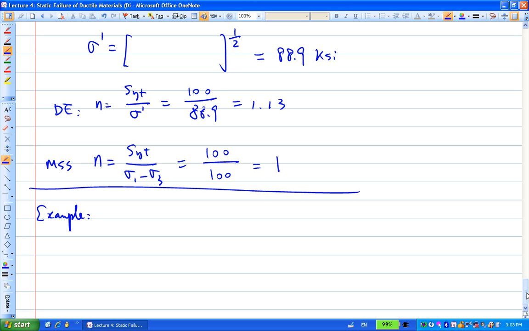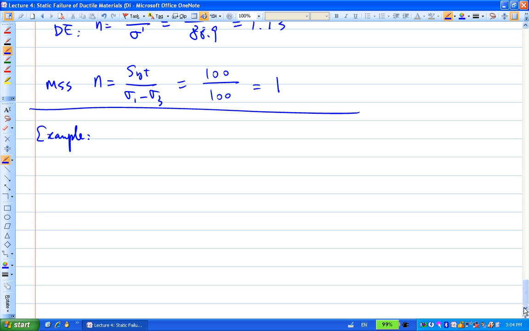Okay, so this is the kind of Stone Age calculation here. Let's see, I give you a state of stress now. Sigma A is 100 megapascal, and sigma B is 80 megapascal.